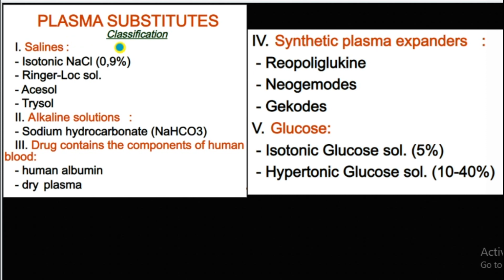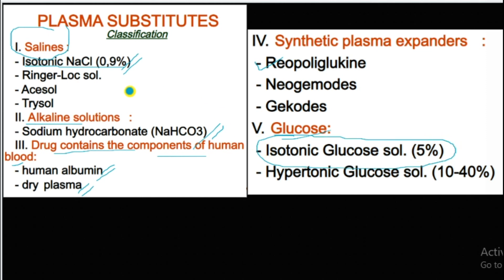Then finally we need to study plasma substitutes. Classification includes salines, isotonic NaCl of 0.9%, very important, and alkaline solutions, such as sodium bicarbonate; drugs containing components of human blood, human albumin and dry plasma; synthetic plasma expanders, rheopolyglucane, and isotonic glucose solution 5%.